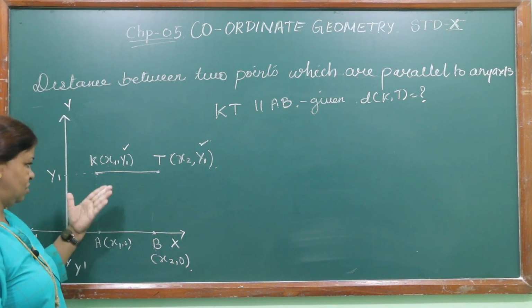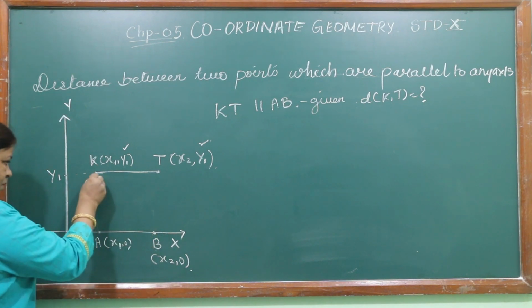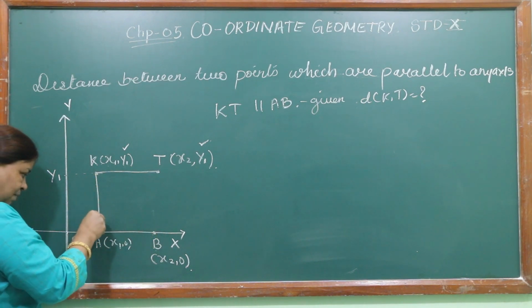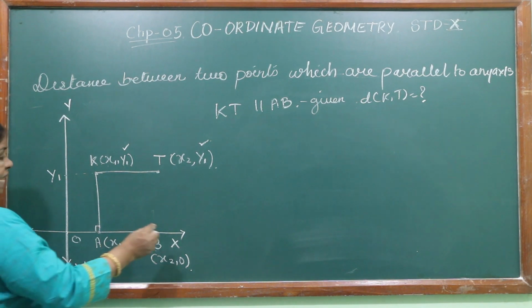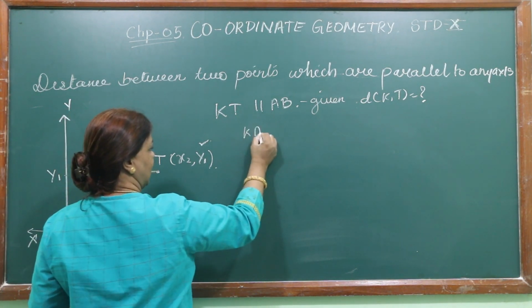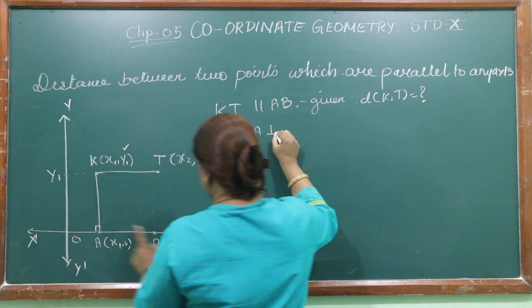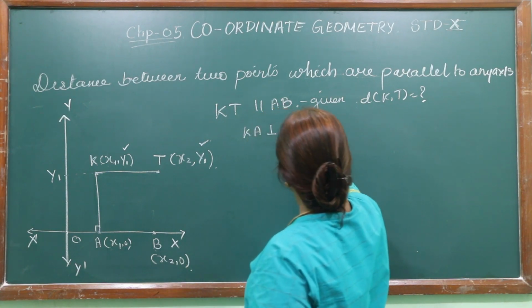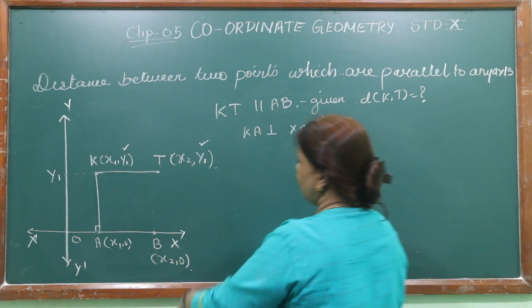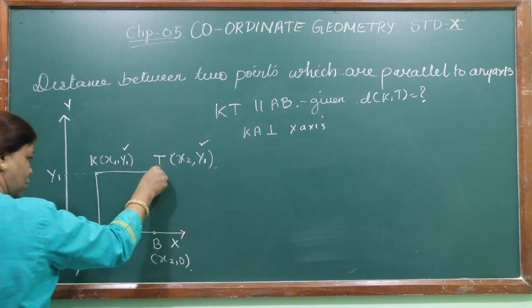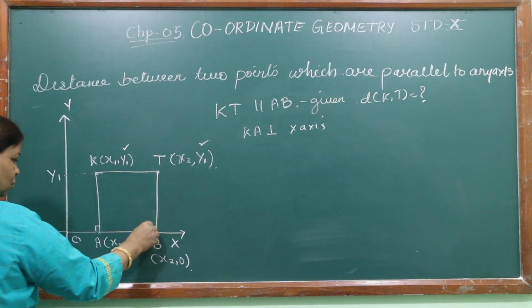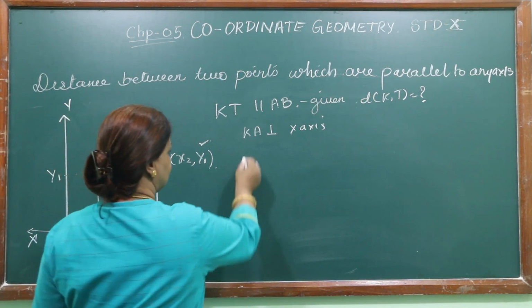But let us first use the proper method. If I draw a perpendicular line KA perpendicular to x-axis, and TB, let me draw perpendicular to x-axis.